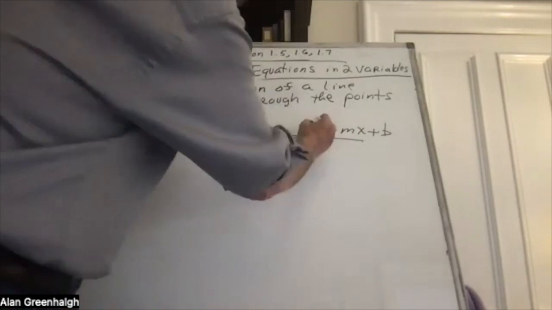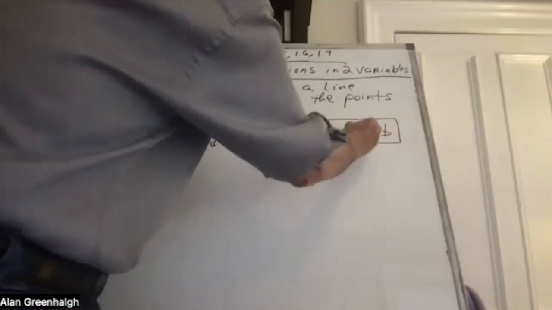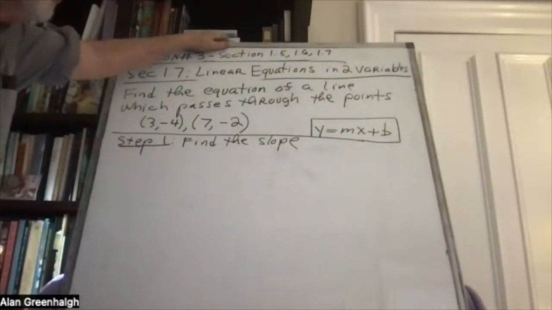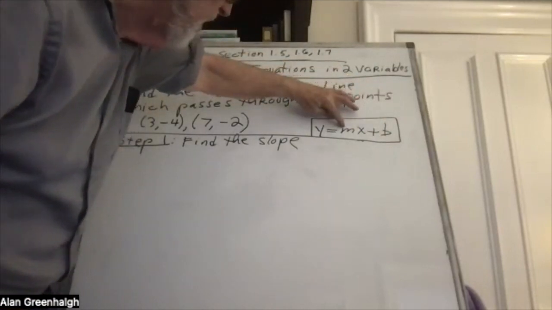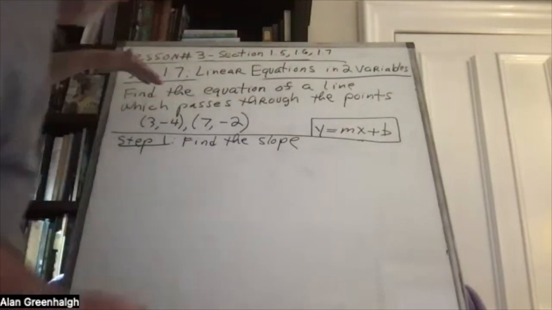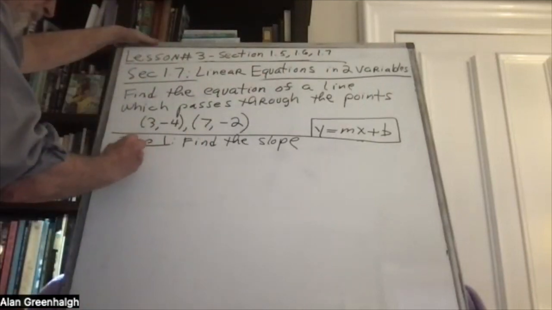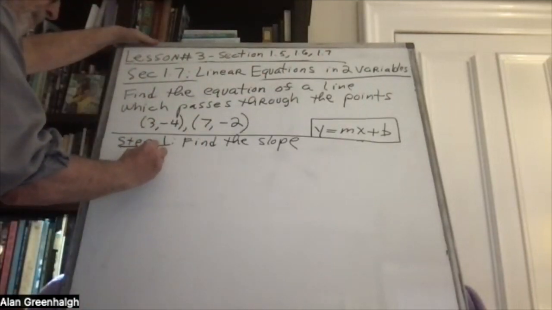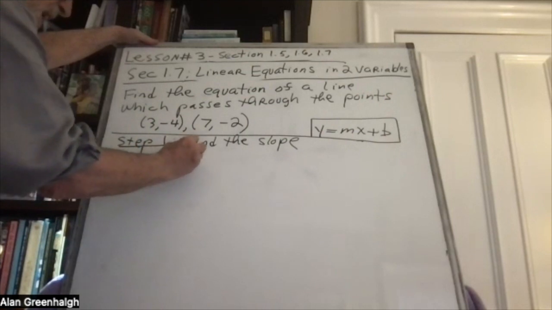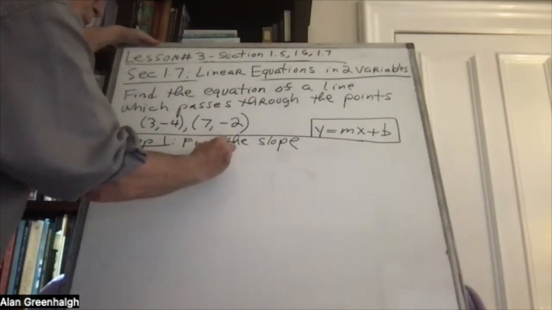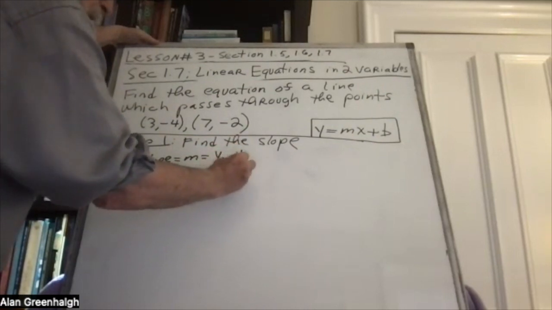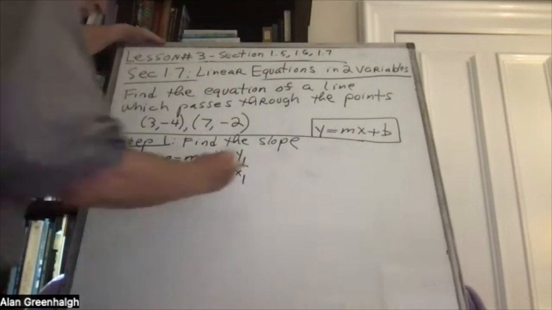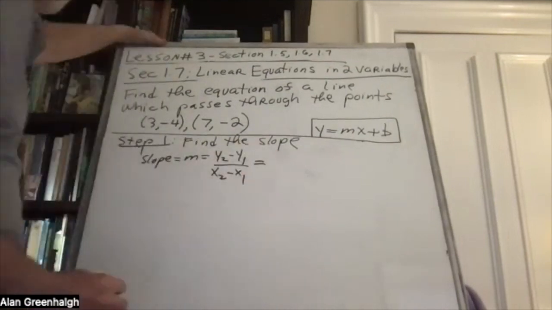So this is the general form of the equation that we're talking about. This is the slope, this is the y-intercept. We need to find the slope. That's the first step. So step 1 is find the slope. The slope, which is equal to m, will be equal to y2 minus y1 over x2 minus x1.